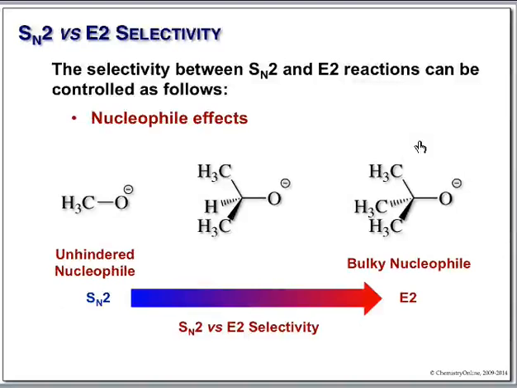Sn1 versus Sn2 versus E2. Those are the two we really want to worry about. If we have a simple unhindered nucleophile, we're going to get substitution. This guy is the magic thing for Sn1. Sn2, E2.